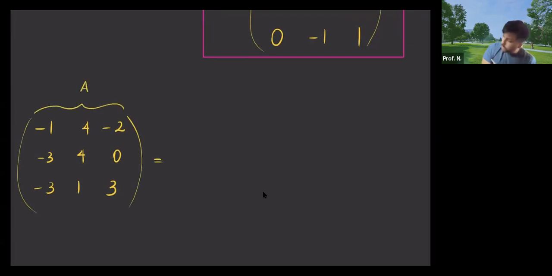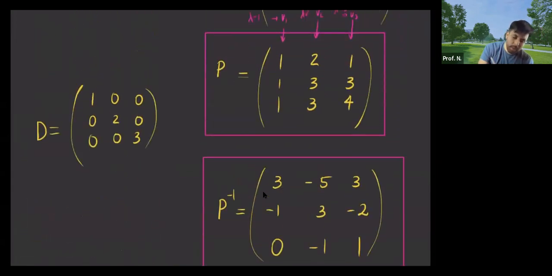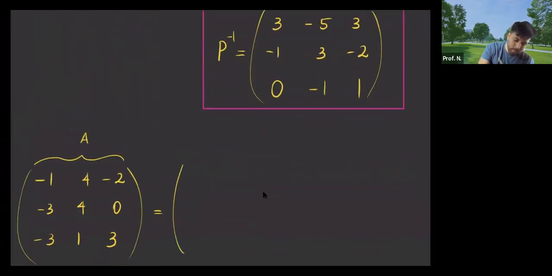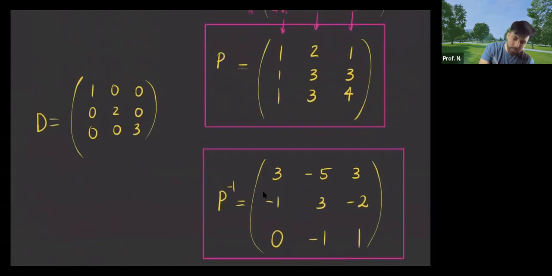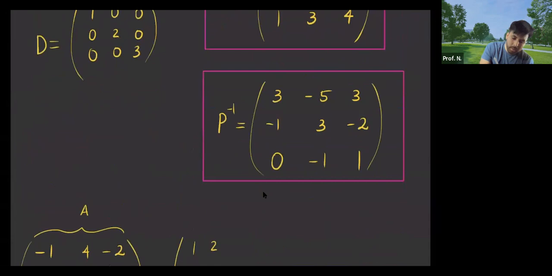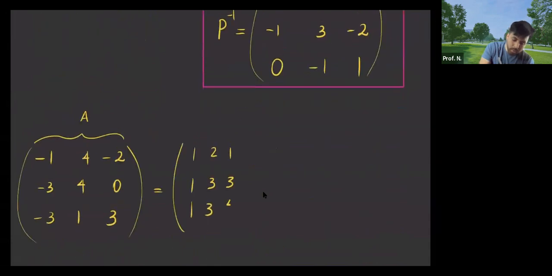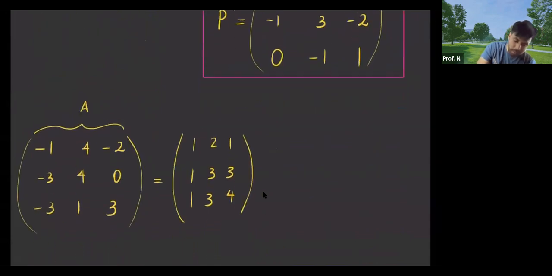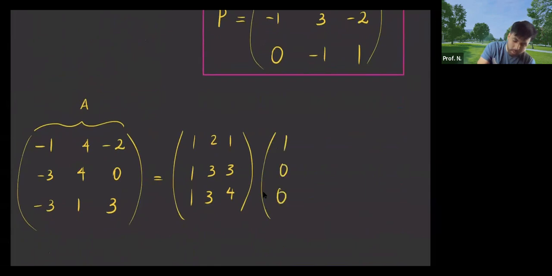can be rewritten as P. And what is P? 1, 1, 1, 2, 3, 3, 1, 3, 4. This is P. D is 1, 0, 0, 0, 2, 0, 0, 0, 3.